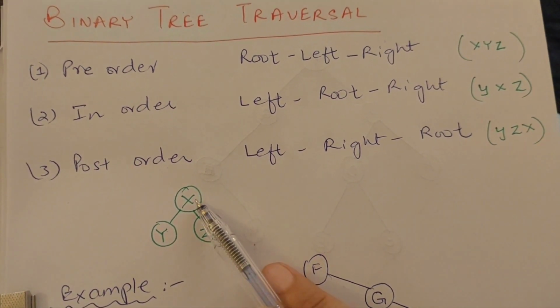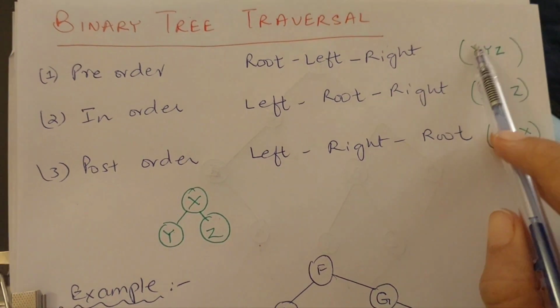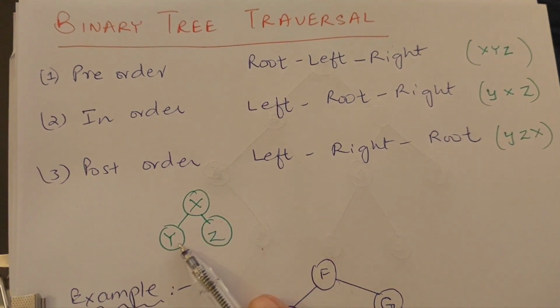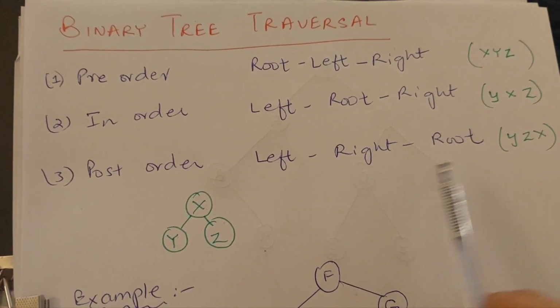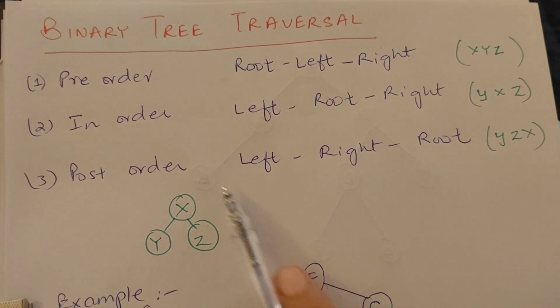So if you represent this tree with x, y, and z, it will be x, y, z in pre-order, y, x, z for in-order, and y, z, x for post-order.